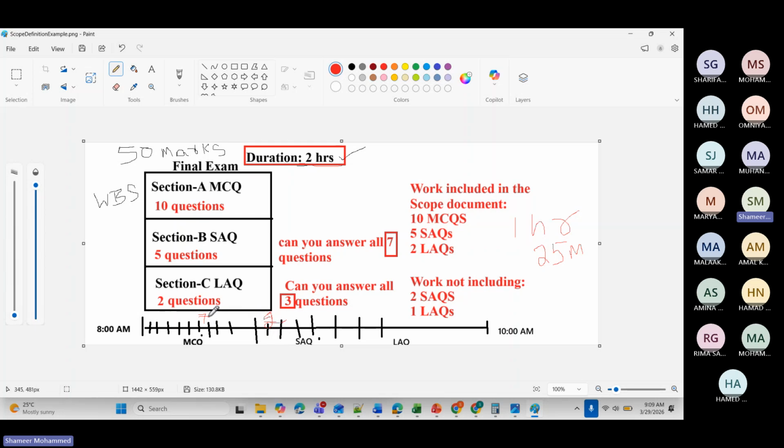So 8 plus 7, only 15 marks you have completed in 1 hour. This is your earned value. In 1 hour, you should have completed work of 25 marks. Understand?